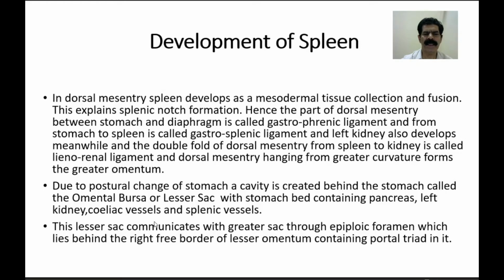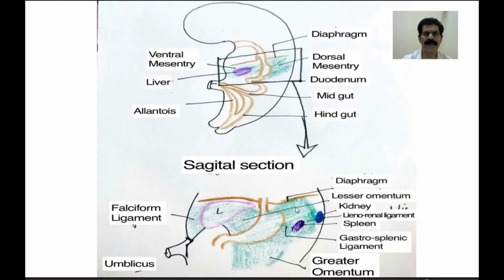So this lesser sac, as we know, communicates with the greater sac through the epiploic foramen or foramen of Winslow, which lies behind the right free border of the lesser omentum, which contains the portal triad in it. So this is the right free border of the lesser omentum, and behind this lies the foramen of Winslow or the epiploic foramen.